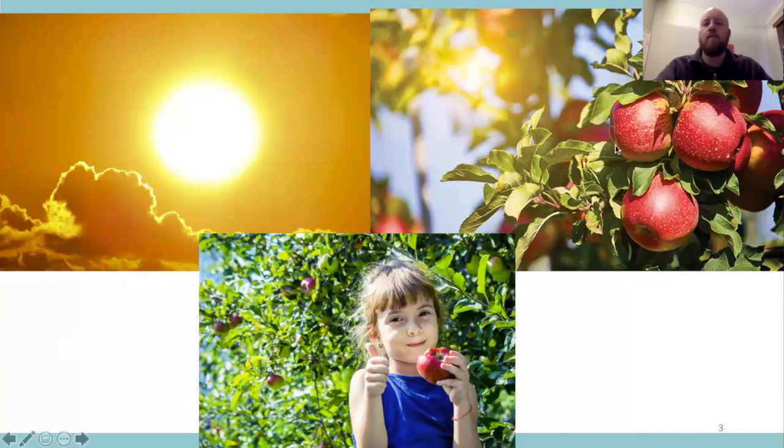So this is kind of how the introduction for kids goes: the sun gives energy to the plants, which convert sunlight through photosynthesis into energy, which allows it to grow fruit. And then the conversion of energy through photosynthesis creates this thing. We eat the apple, converting the apple's energy into our energy.